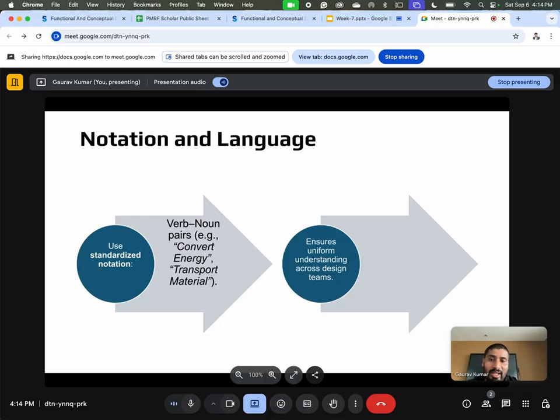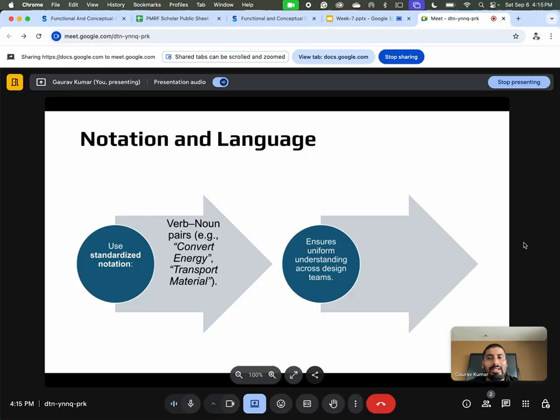For example, an aerospace company and a medical device company might use the same functional modeling language, allowing knowledge transfer and reuse of design logic. So this is why such conventions are widely promoted in engineering design practice. Okay, I hope you got the notation and language.